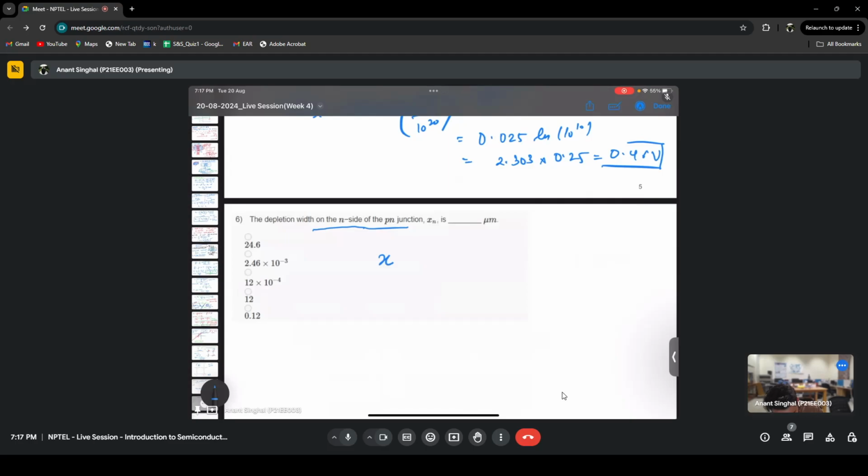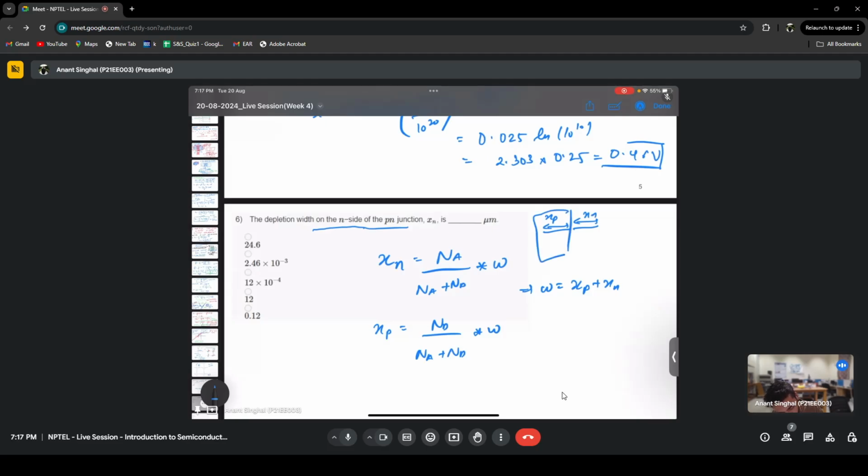For the depletion width of the N side, if we know the total width, the formula is Na upon Na plus Nd times the total width. Similarly for the P side, we have Nd upon Na plus Nd times the total width. The total width is nothing but Xp plus Xn, where Xp is the depletion width on the P side and Xn is on the N side.